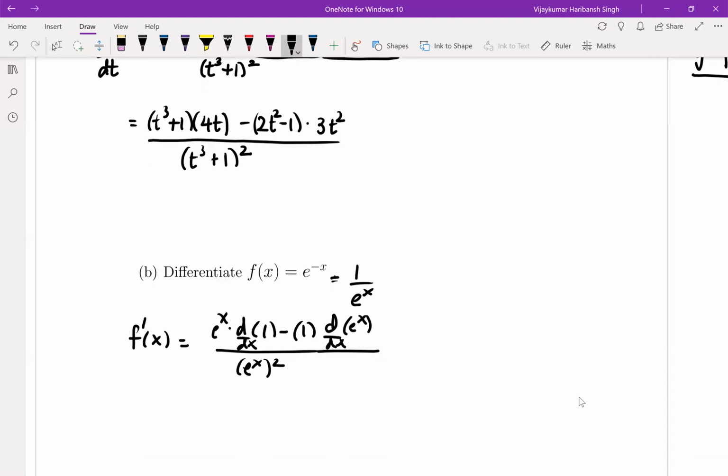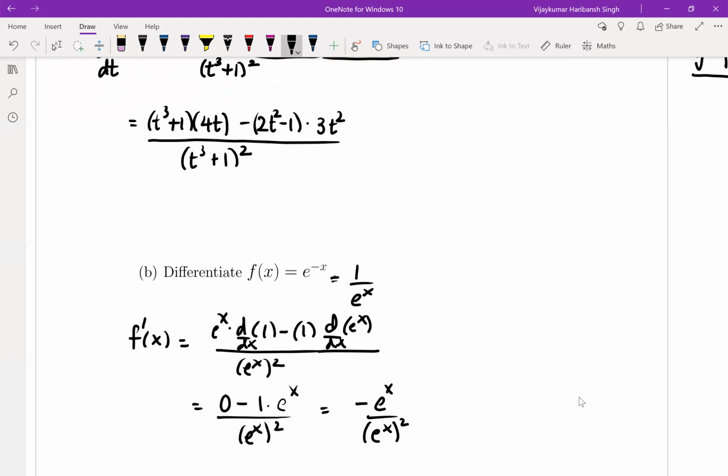Now derivative of 1 is 0, so this is going to be 0 minus 1 times derivative of e to the x, which is e to the x, divided by e to the x the whole square. So what do we get in this case? When we divide, you'll see we get minus e to the x upon e to the x square.